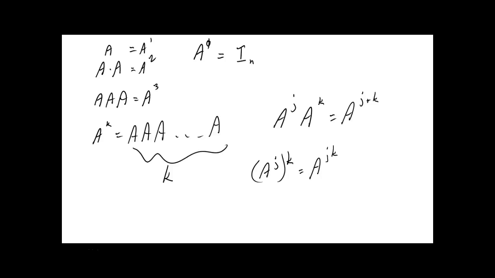All right, so let's take one and do it. Here's a matrix A, and that's going to be 2, -1, 3, 0.